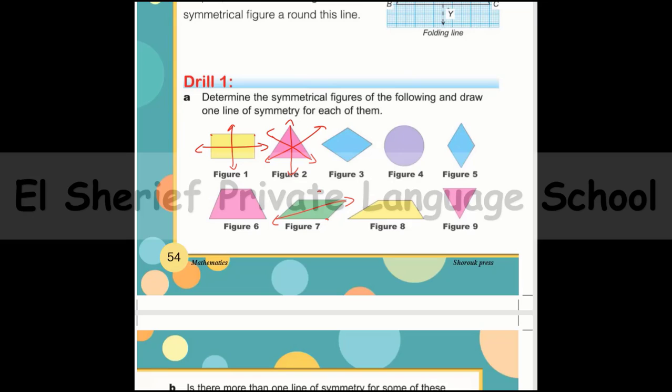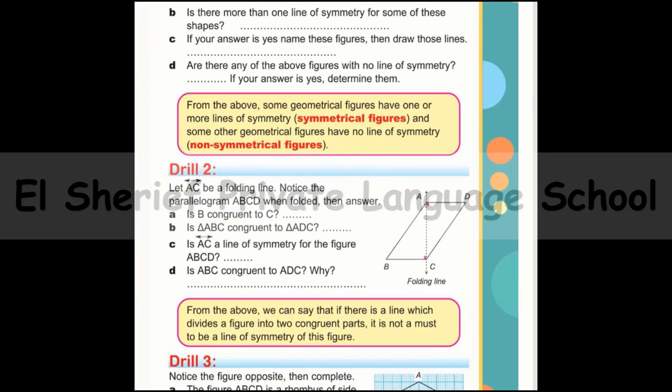In a rhombus, we have two lines of symmetry. In a trapezium, we have zero lines of symmetry, but the isosceles trapezium has one line of symmetry. In a circle, we have an infinite number of lines of symmetry. So in a parallelogram, we have zero lines of symmetry.